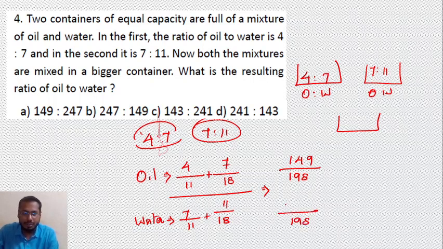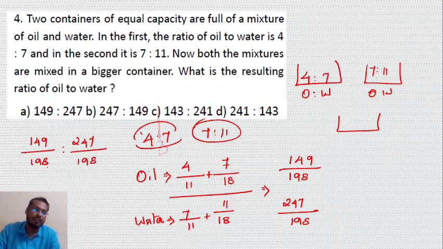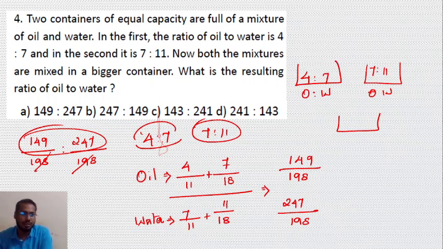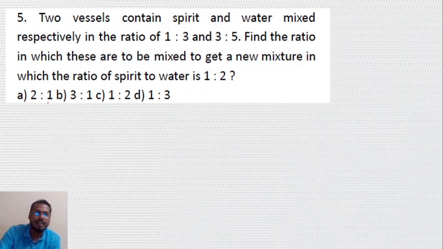If you add these two numbers, you will get 247. So I got two values. This is one ratio, 149 over 198, and another ratio is 247 divided by 198. To find the ratio, just cancel these numbers. So our answer is 149 is to 247. So option A is the right answer. Is it clear? Oil and water. Let's move to the next question.